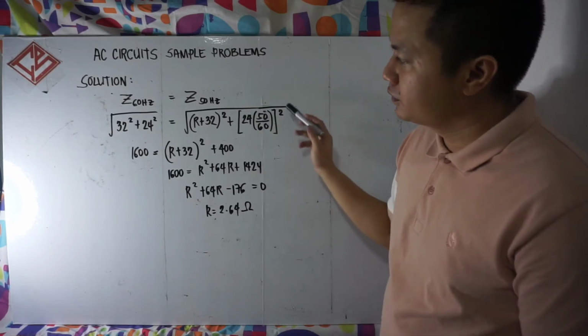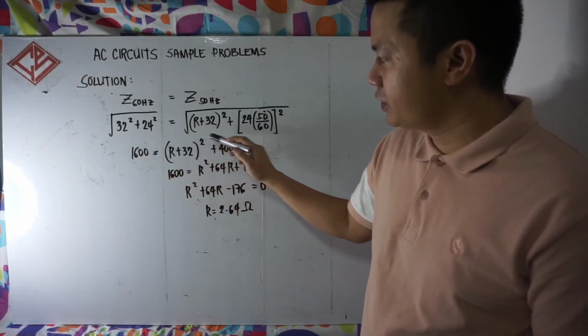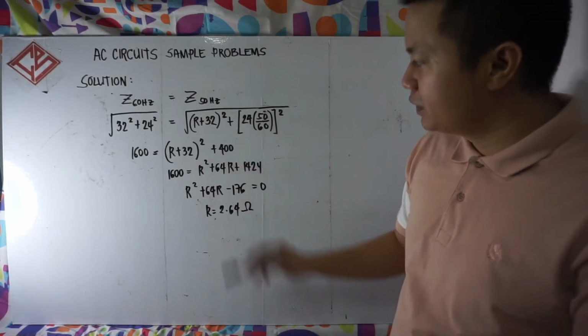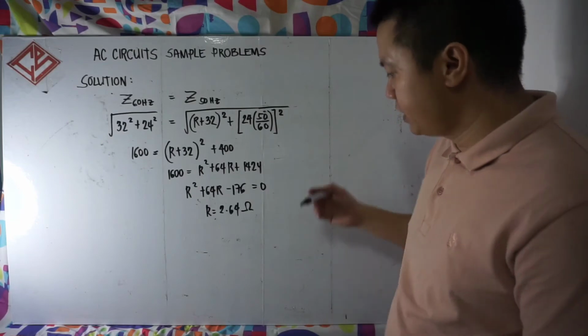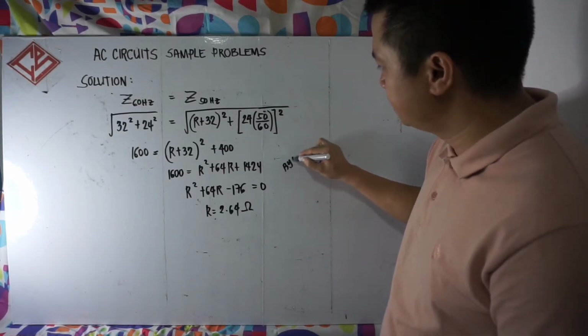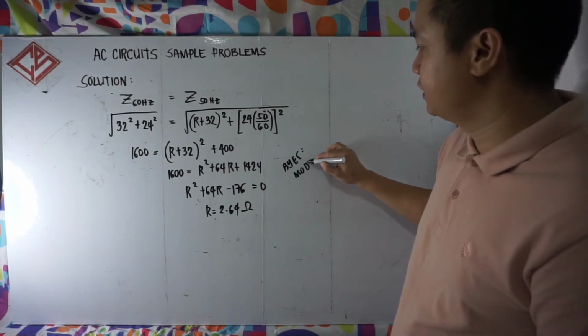So you will have 1/6 equals (R plus 32) squared plus 400. So you will have R squared plus 64R minus 176. Then by your calculator, you use mode 53.